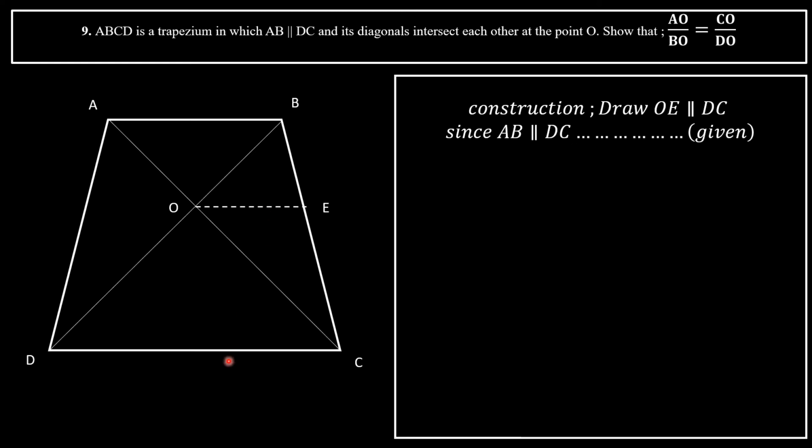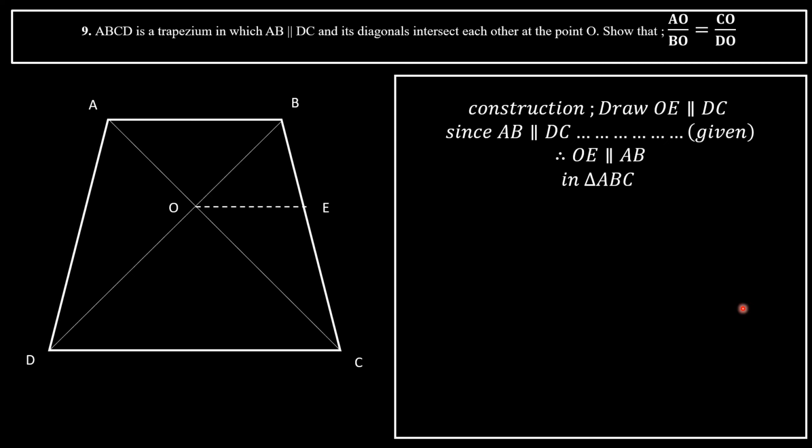This is parallel to this side DC by construction, so this will also be parallel to AB. Clear? A line parallel to one line which is parallel to another line will also be parallel to that other line. So OE is also parallel to AB.